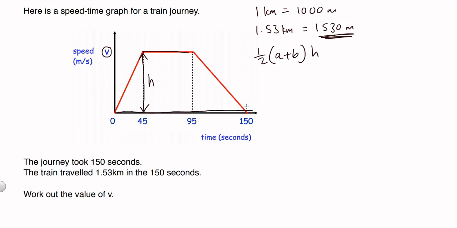The h is actually the gap. So by working out h, I've actually worked out the height. It's what I need. It's the maximum value of the speed. A and B are the two parallel sides. This is your A, and you can call all of this B.